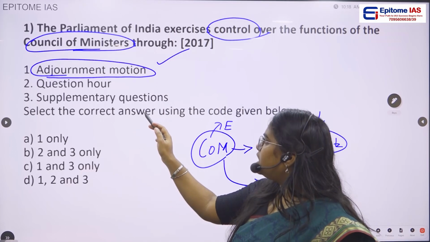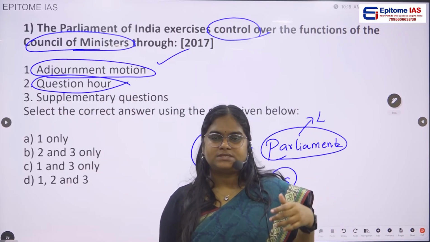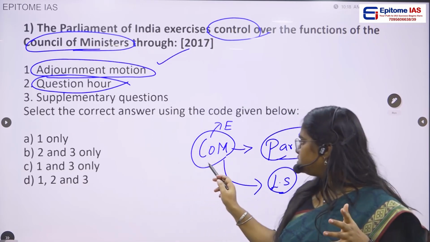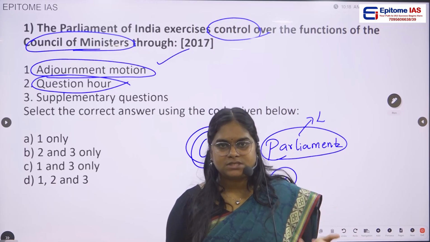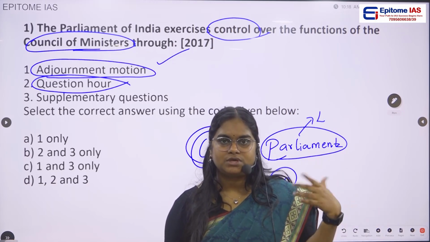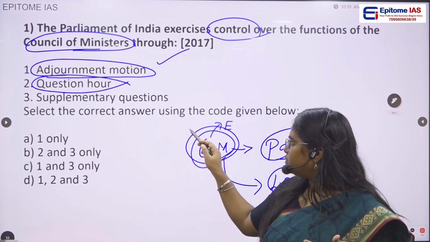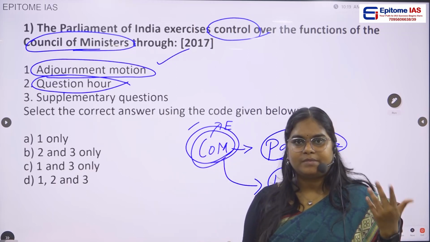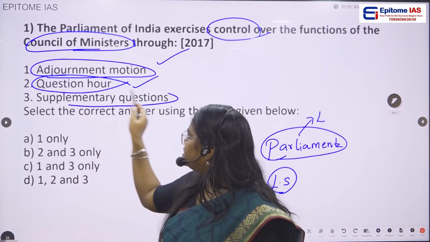Then question hour is also one of the tools to exercise control over the Council of Ministers. The members of Parliament can ask questions to the Council of Ministers, to the government, about anything which they want, so that the government cannot act arbitrarily. Then there are supplementary questions.